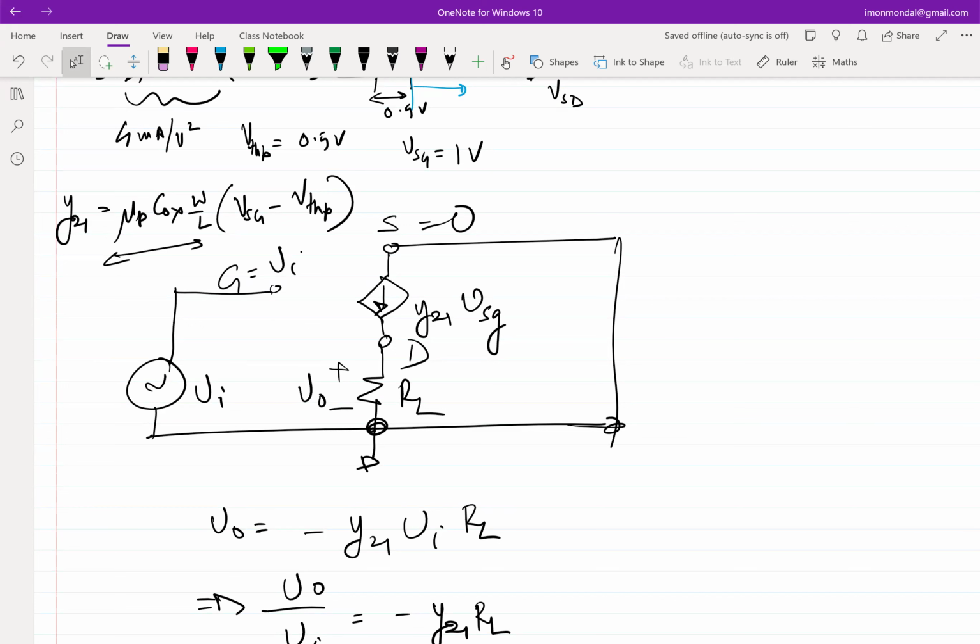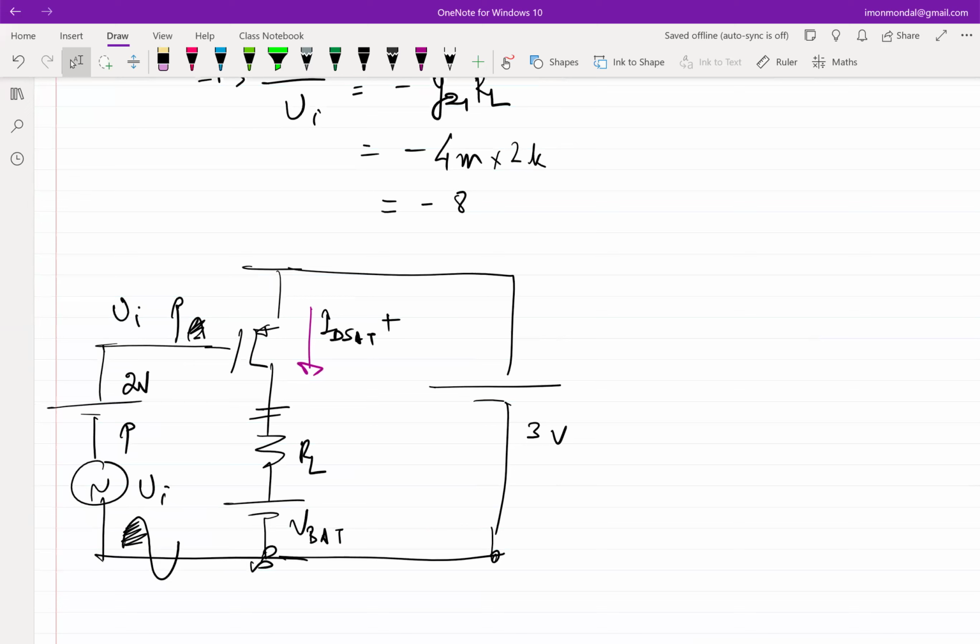What is the incremental current? Minus Y21 times VI, correct? Why minus? Same logic. When input increases, the total current is decreasing.